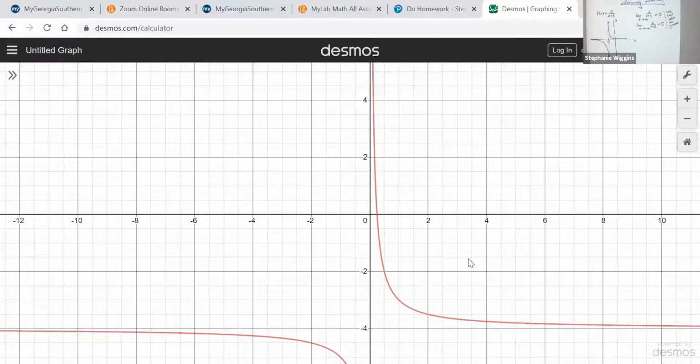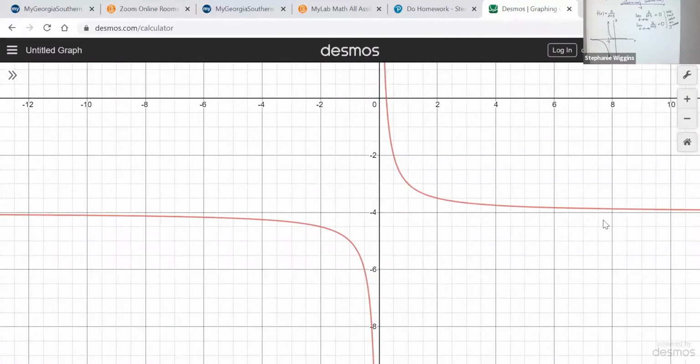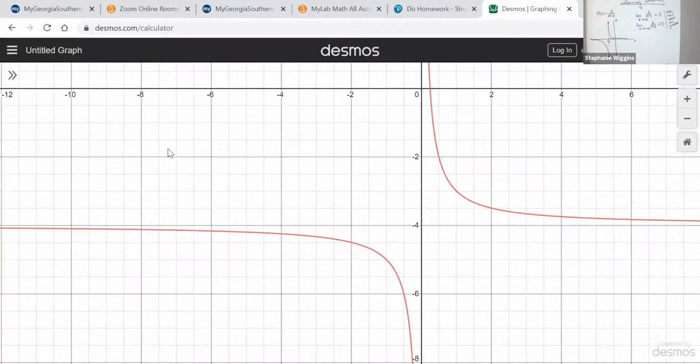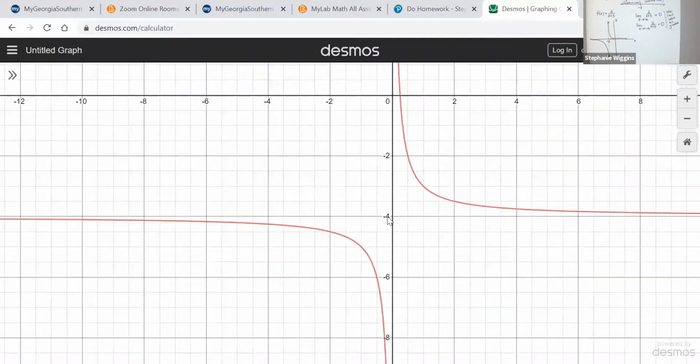So you have this split here around 0. But in our particular example, it's been shifted down 4 units. Normally it would be centered around the origin here, but because we subtracted 4 from our 1 over x, it's shifted down here to 0, -4, okay? But it has that divergence going on there.